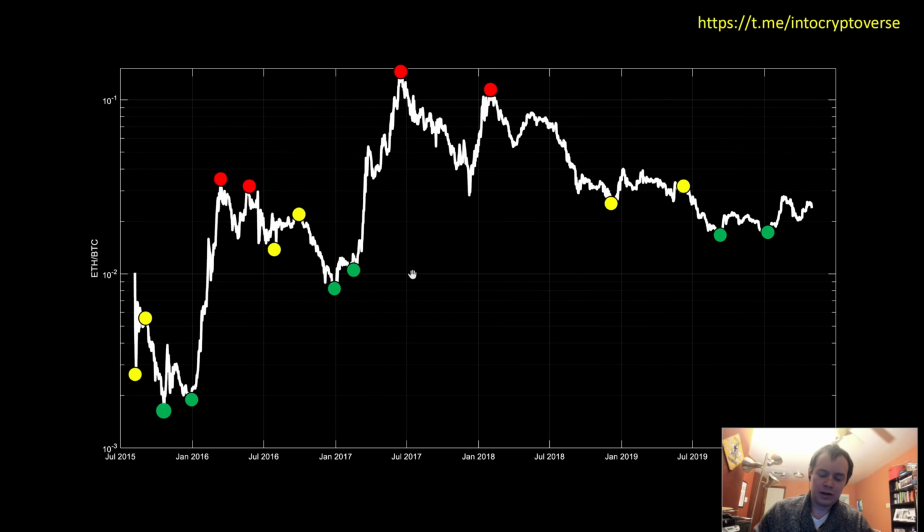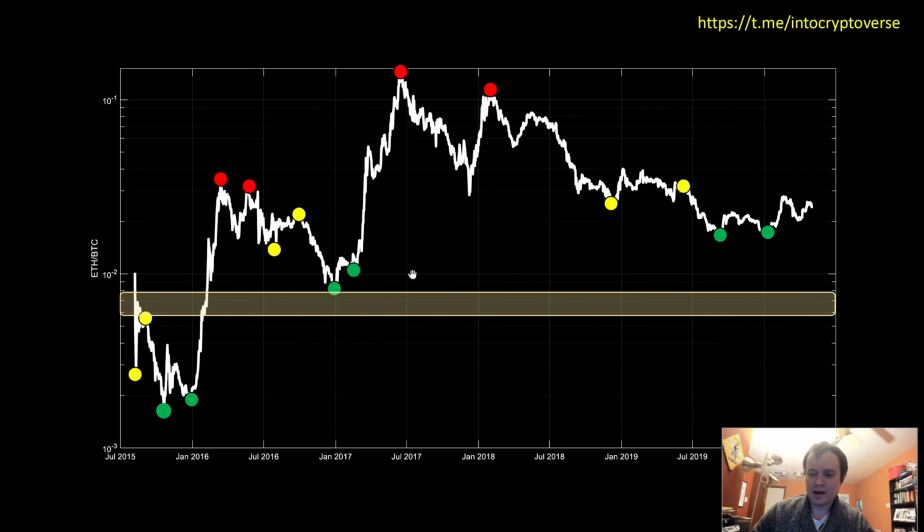Now, one of the interesting things about this is if we were to draw a line near the last gasp phase of, basically when Ethereum, essentially right before Bitcoin got above the 20-week moving average, and I guess I should say held it as support in the early part of 2016.